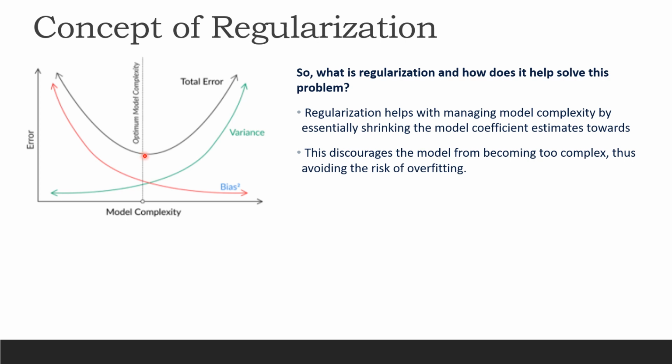So what RSS did was, we found this global minimum. This is the function RSS and this is the slope.